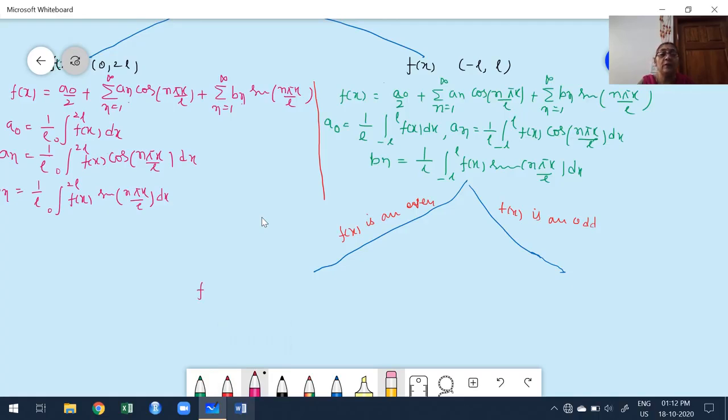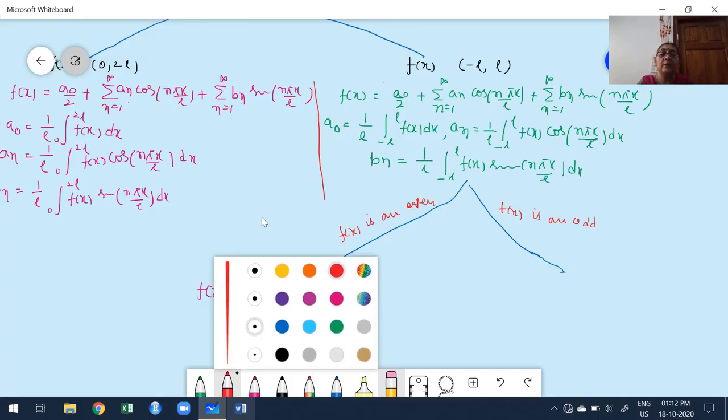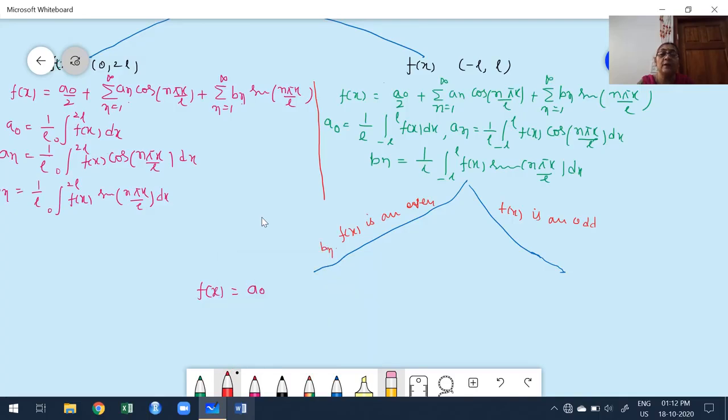What is our Fourier series expansion? Which value is 0? We have to write that also. Here bn is 0.